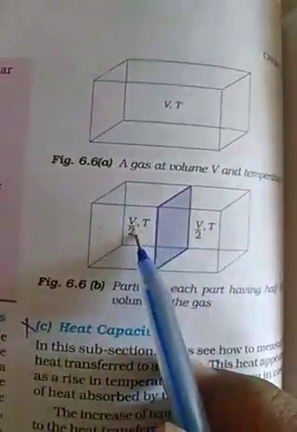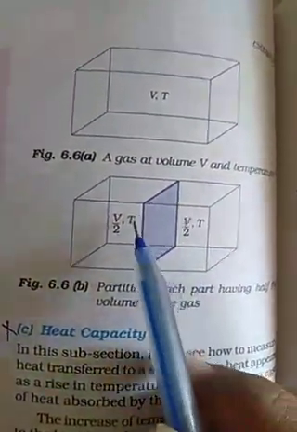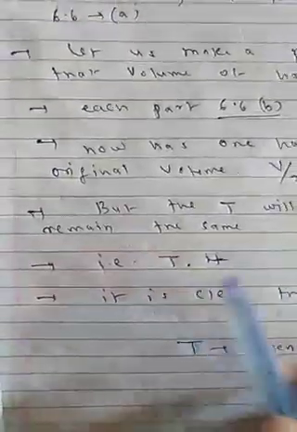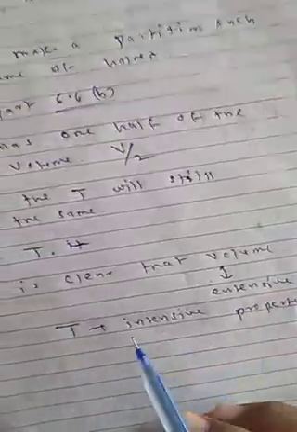Now each part has half of the original volume, V upon 2, but the temperature will still remain the same, that is T. It is clear that volume is an extensive property and T is an intensive property.